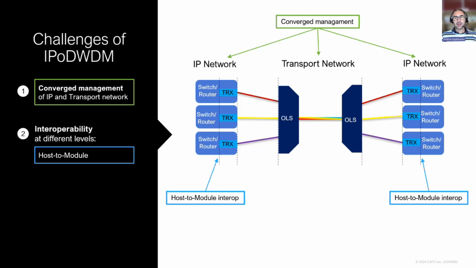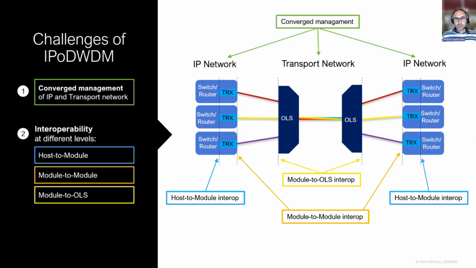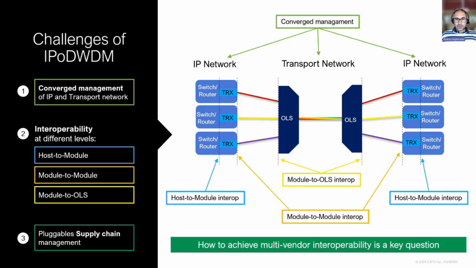The first interoperability that must be guaranteed is host to module interoperability, which means the session really of the transceiver once it is plugged into the switch or router. Module to module interoperability is also very important if a multi-vendor approach is adopted. Then you need to take into consideration module to optical line system interoperability, which is also a very important factor.